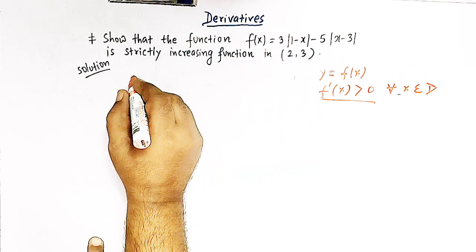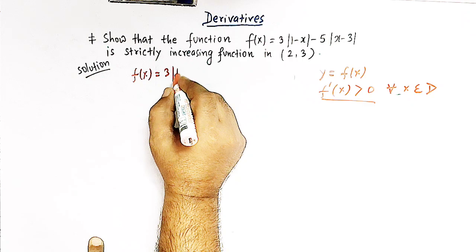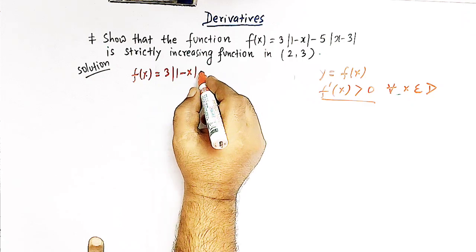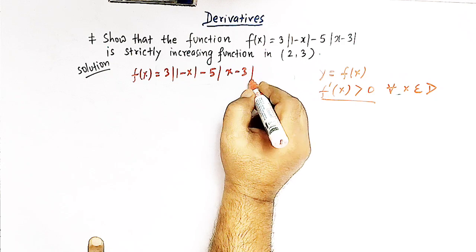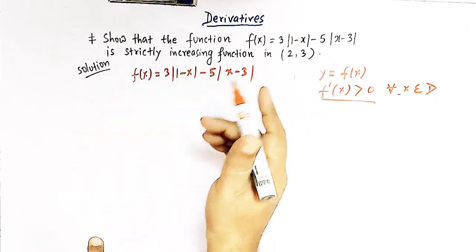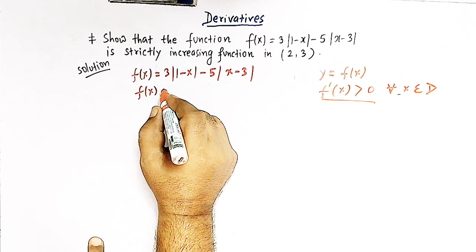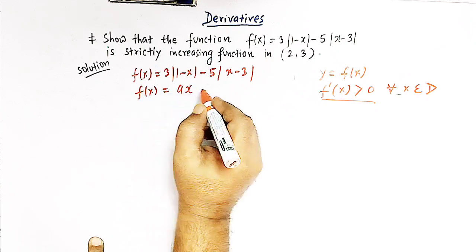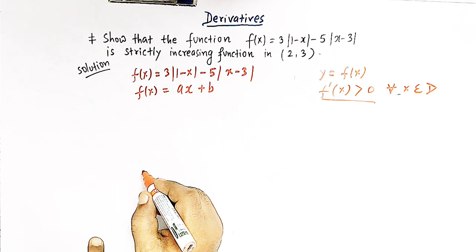Here we have the function f of x, that is 3 times mod of 1 minus x minus 5 mod of x minus 3. Let us try to write this function f of x as a linear function of the form ax plus b by using the definition of mod function.